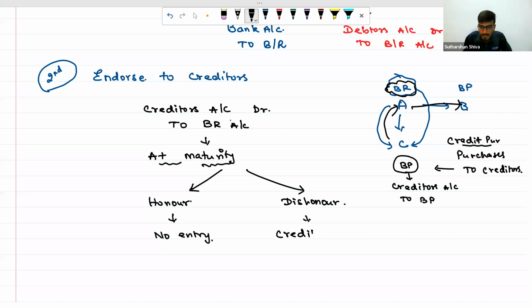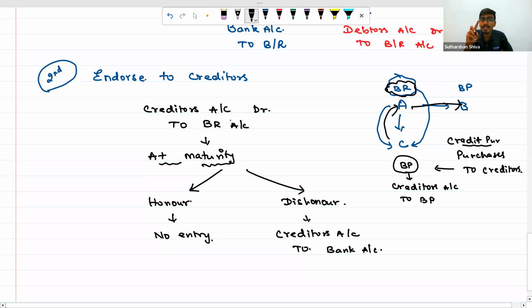My creditors account debit, making some payment now, to bank account. Why will I credit my bank account? Because I am paying something called noting charges that I need to pay.